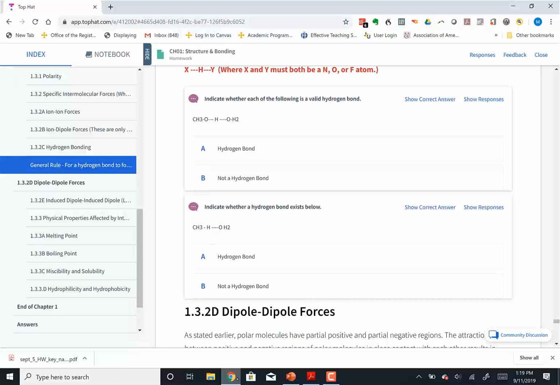I'm pretty sure I wrote this question a year ago, which is why I'm only kind of sure. I think what I would have done is put an O with a single dash to the H, like the bottom one, where it says CH3 attached to an H, attached to water. In the bottom one, there's no hydrogen bond because it's CH to an O.